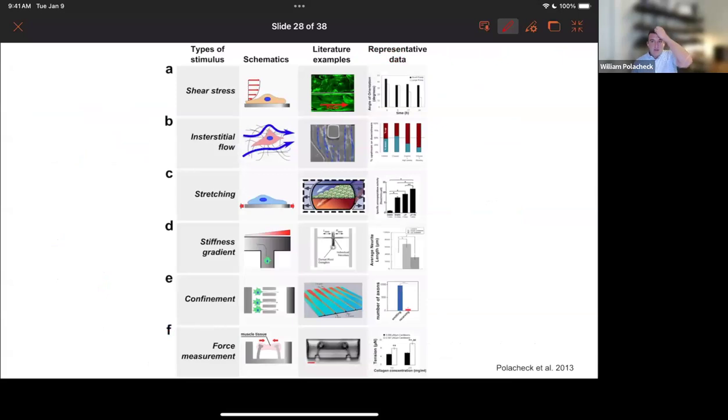Instead of going into further examples, and I know we're running out of time, I just want to say that with this combination of microfluidics and three-dimensional hydrogels, there are a lot of different kinds of mechanical perturbations and measurements that can be made on cells relevant to mechanobiology. This is a table showing the different mechanical forces that can be applied by such systems and the outputs that can be measured.